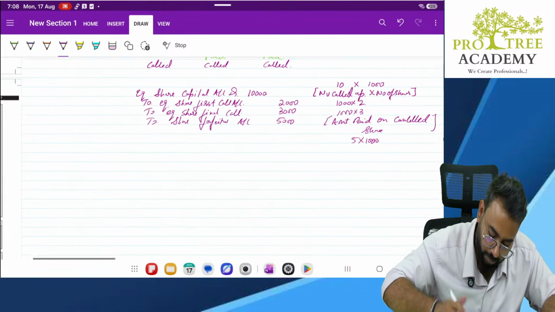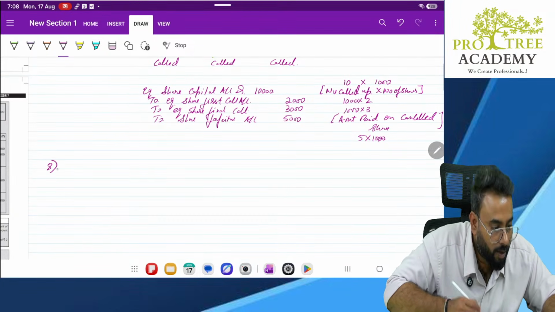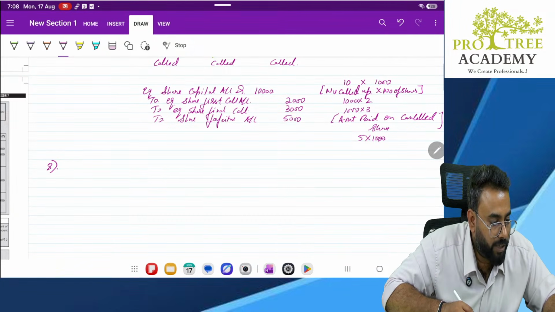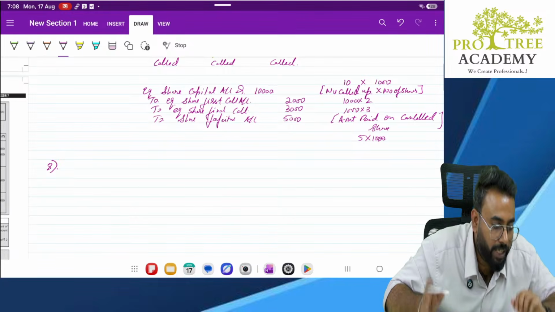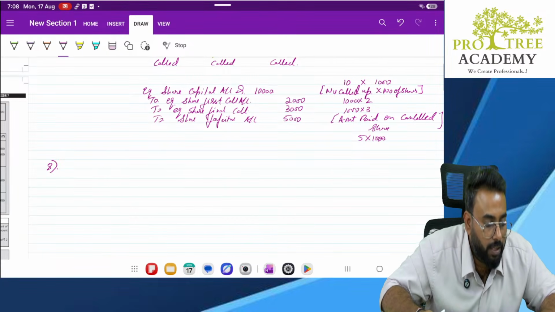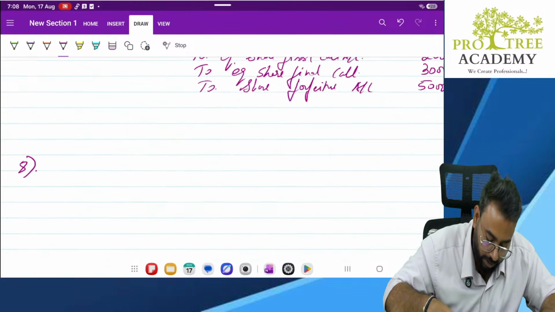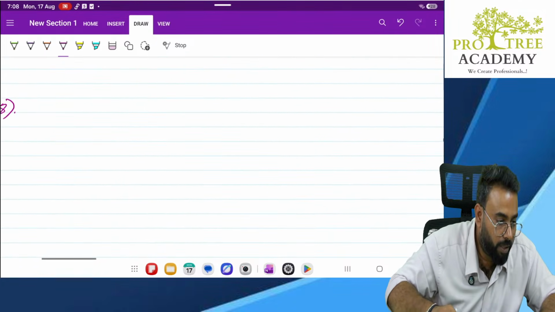Okay, next illustration number 8. X Limited forfeited 1500 equity shares of 10 each, issued at a premium of 5 per share for non-payment of allotment money 8 per share, including share premium of 5 rupees. The first call 2 rupees per share and the final call 3 rupees per share. Now let's solve illustration number 8.